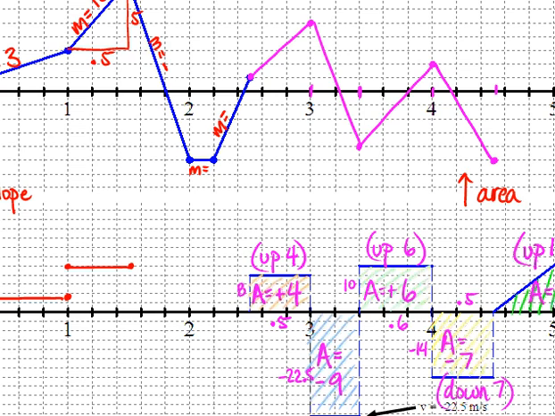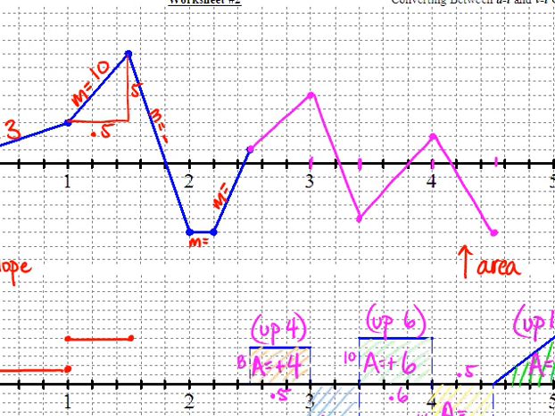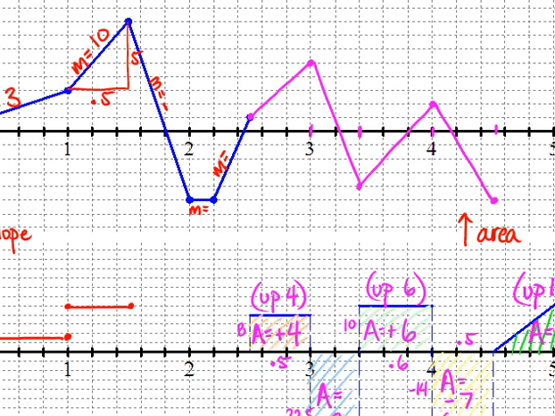So by 5.5 seconds, we need to be 10 meters above where we left off last, and it looks like we were at negative 5. So now we're going to be at positive 5. And now you have to ask yourself, this is where it gets a little tricky, how are we going to connect these two dots on the displacement time graph? So we have to go look at the velocity time graph.